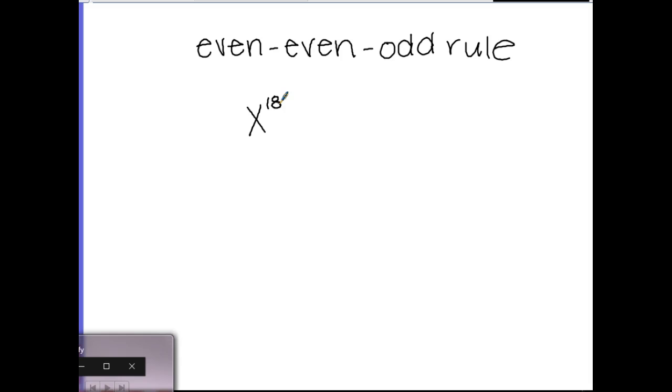So 18 and 1/2 are both considered what? Even numbers, right? So even, the square root's even. What is 18 divided by 2? 9. So I get an odd exponent out, therefore I need absolute values.